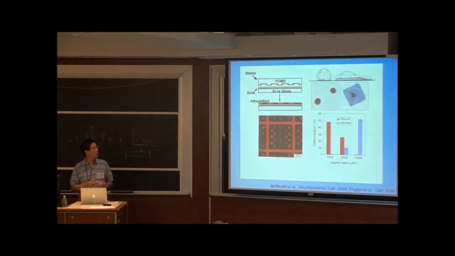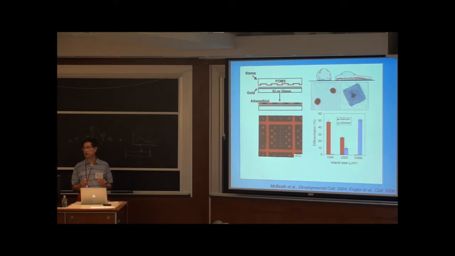So we were studying this cell called the mesenchymal stem cell. This is a human cell that is derived from bone marrow, and now people have found these stem cells all over your body. And they basically are stromal cells that can differentiate into bone or cartilage or fat.